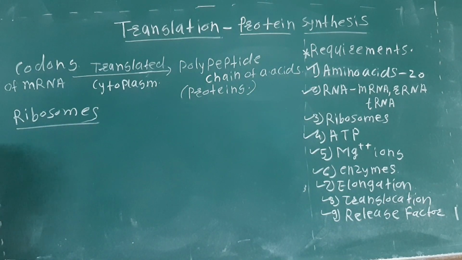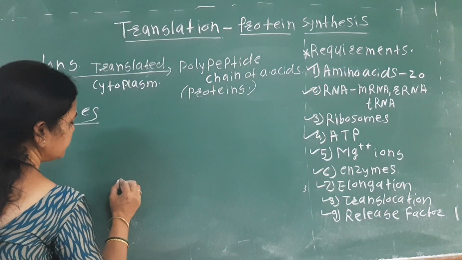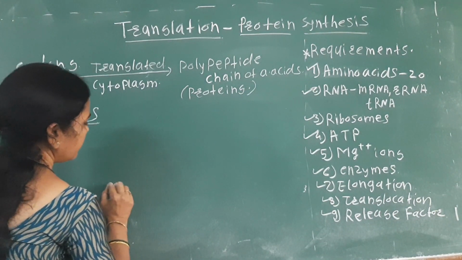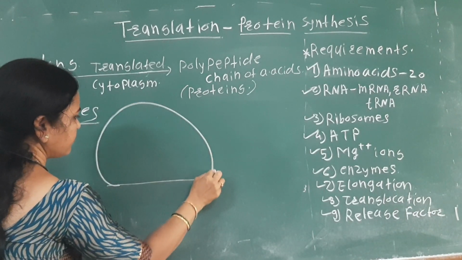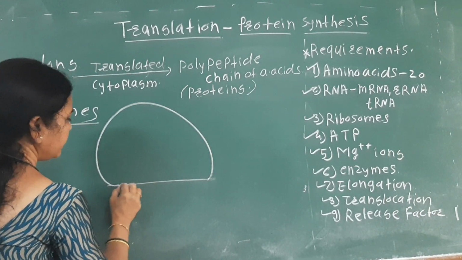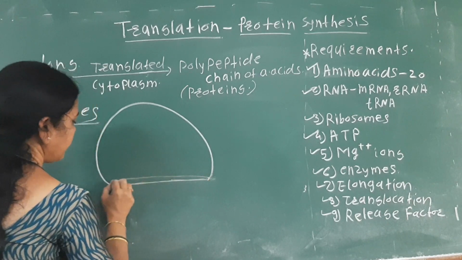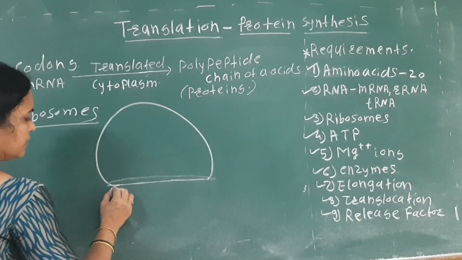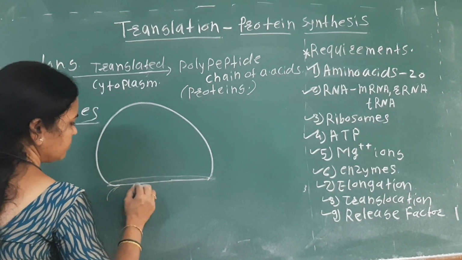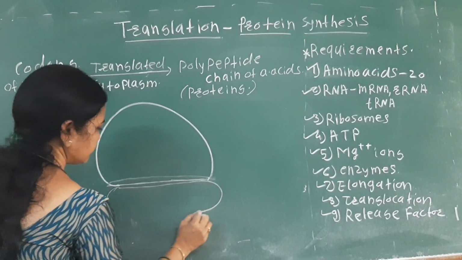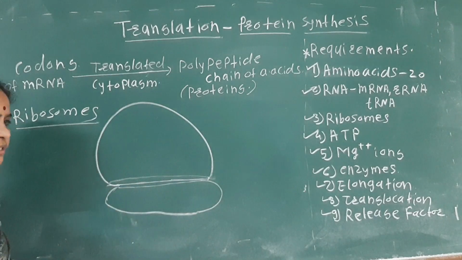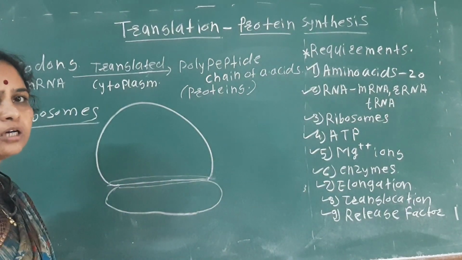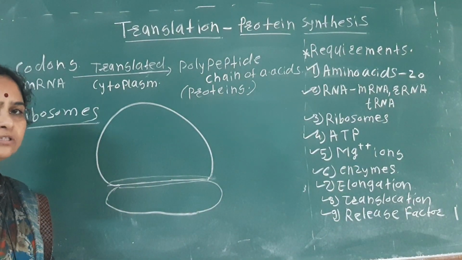So here the larger subunit has a structure like this, and here is the smaller subunit like this. These two units bind during protein synthesis.